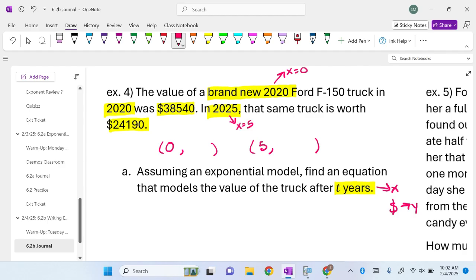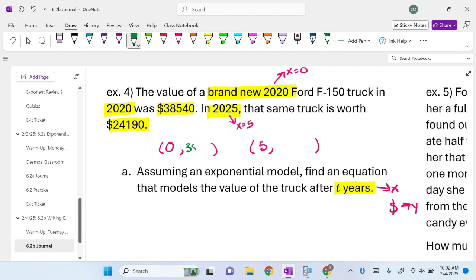What's my y value that goes with my 0? What y value, or the amount of money of the truck, goes with when x is 0? So when x is equal to 0, how much money is the truck worth? What's it saying in the problem? $38,540.